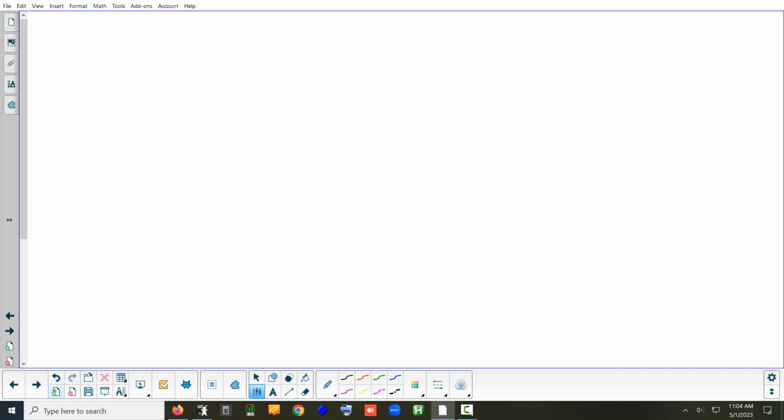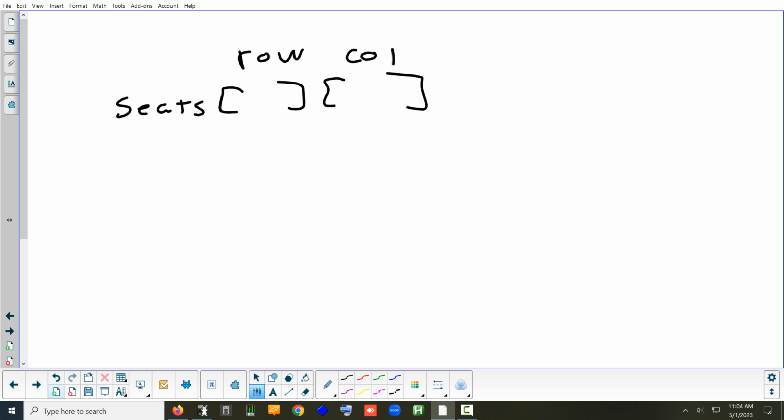And if you're wondering, well, what would possibly be the use for a three-dimensional matrix? Well, let's say I wanted to make a matrix in here where you're sitting. That's pretty natural. I could have some matrix, let's just call it seats. And then there would be two elements. There'd be a row and there'd be a column.